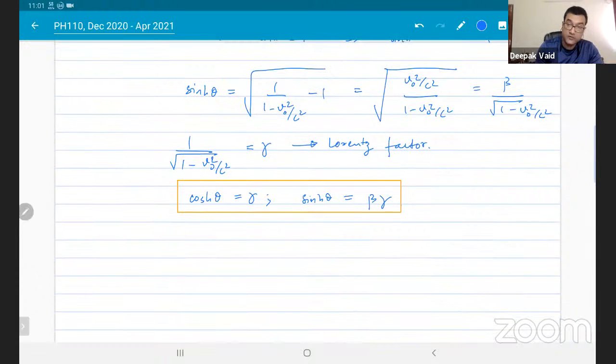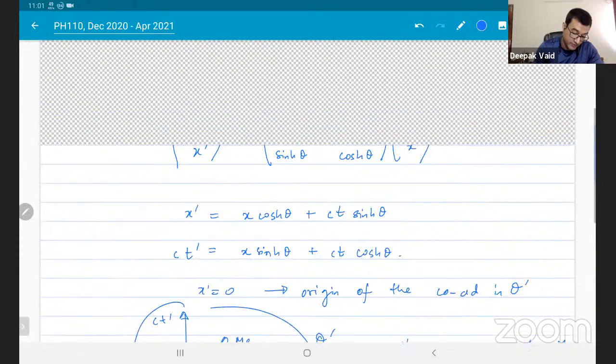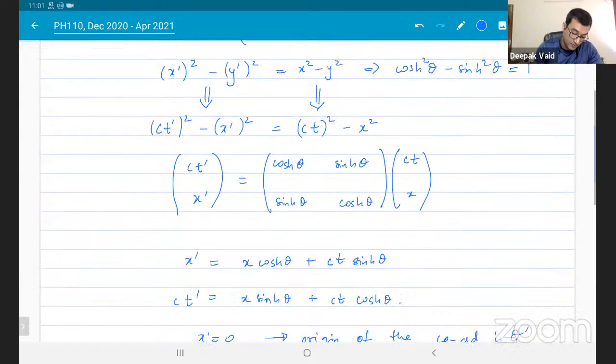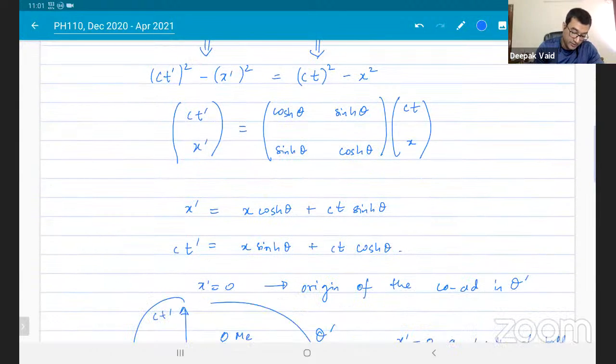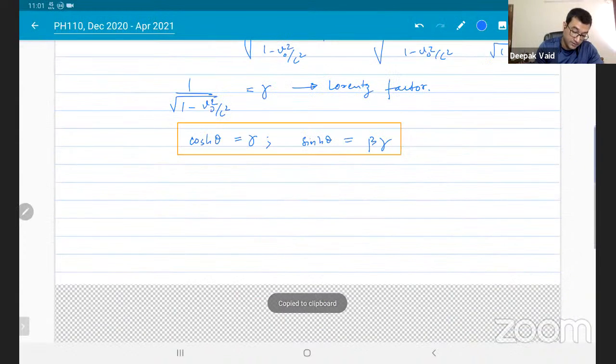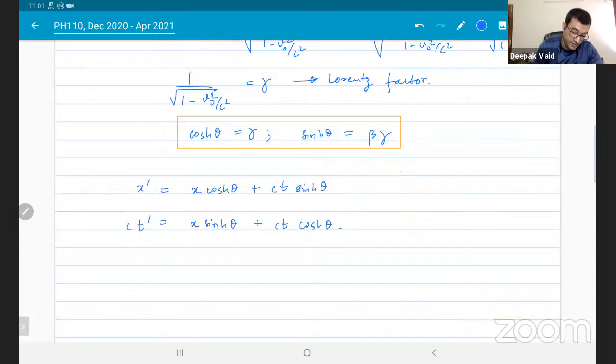So finally, I can write down the expression for my coordinate transformation. What do I get? Take this, and what is this? X times gamma plus Ct times beta gamma.